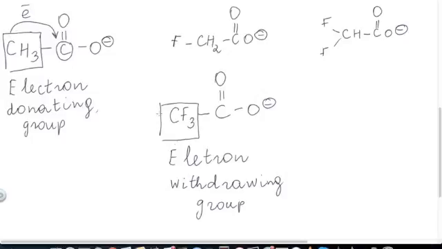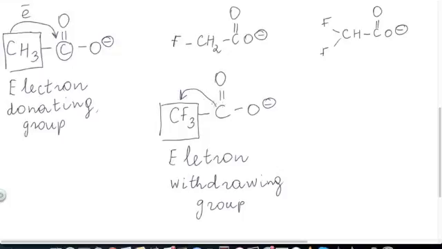Now, if we look at the other extreme, after we replaced all the hydrogens with fluorines, this is CF3, and this in fact is an electron withdrawing group. Because fluorine is pulling electron density away from this carbon, it has to ask for help from its neighbor, and it says, you know what, carbon, I'm going to get some of your electrons.